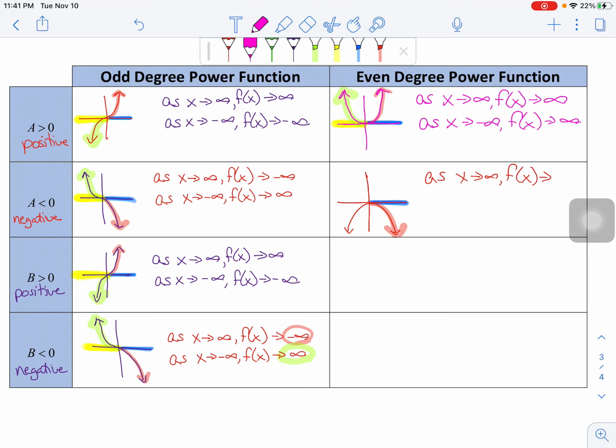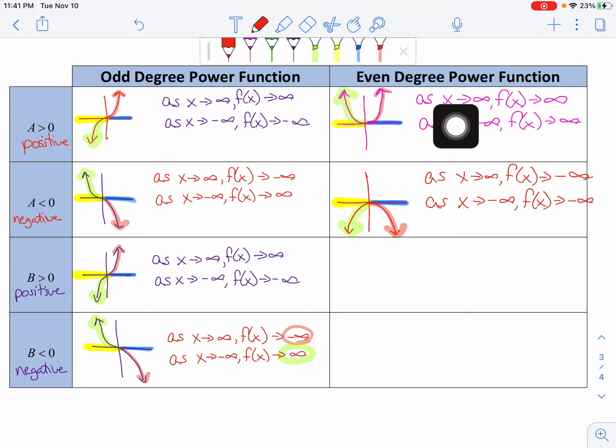It's dropping to negative infinity. As x approaches negative infinity, from the origin to the left, our curve is decreasing. So f of x is approaching negative infinity.